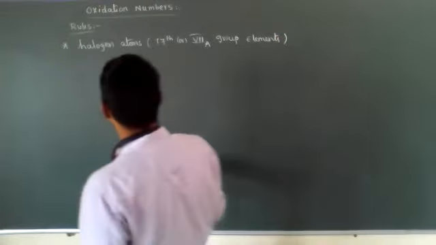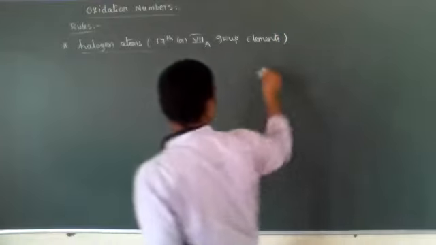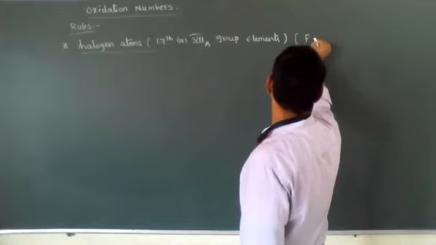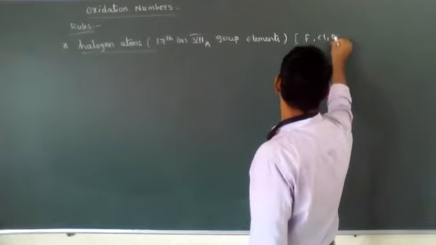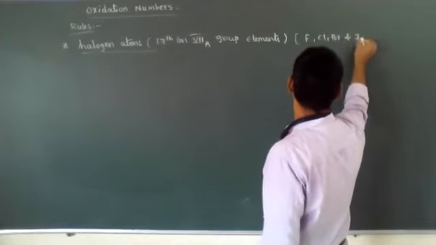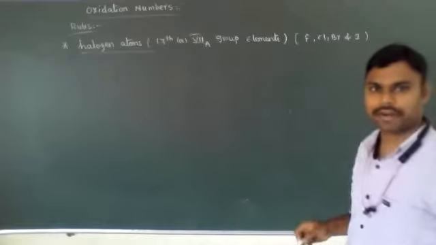What are the halogens present? Fluorine, chlorine, bromine and iodine.